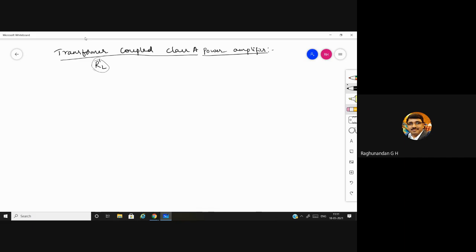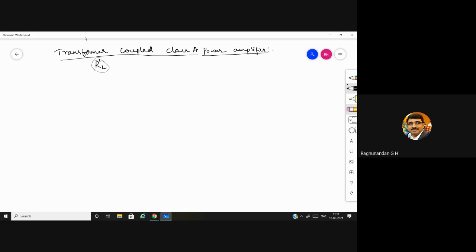This reflected load resistance will not easily change, because we are not connecting RL directly. Only some part of the load resistance is having the effect. So fluctuation in IC will be reduced to an extent, and automatically the Q point instability reduces.